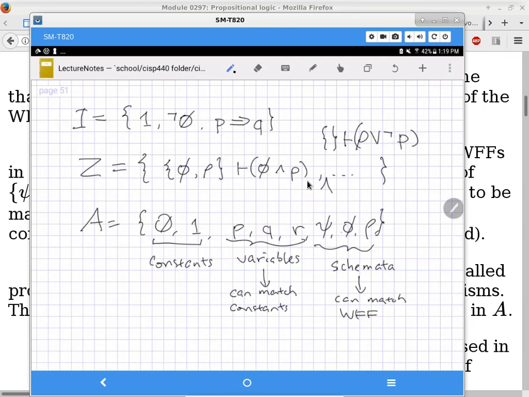Does that make sense? Without knowing anything at all, I can say, give me a well-formed formula rho, and give me the negation of that well-formed formula. I can join those two with a disjunction, and that has to be true too. Makes sense, right?